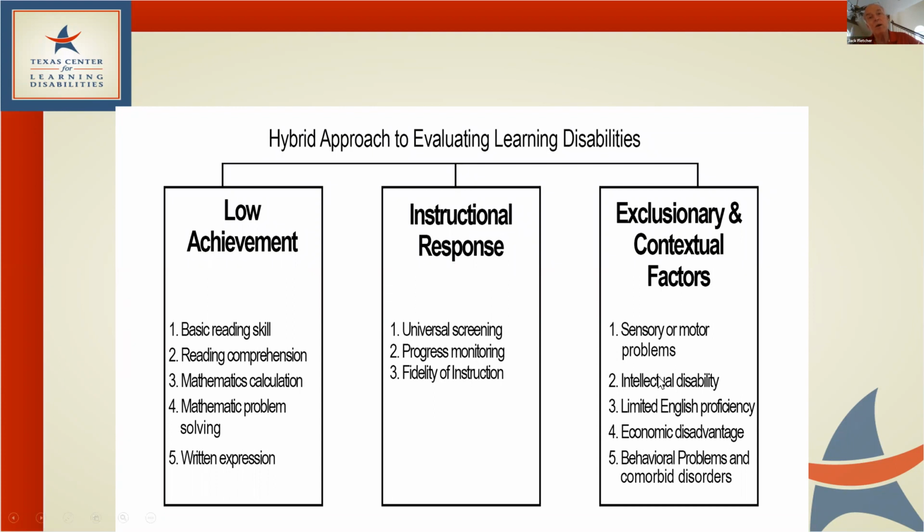If a child, for example, has an intellectual disability, while I wouldn't do an IQ assessment if I thought the child had low achievement, had a learning disability, and I would expect to see scores here that would generally be above the cut point for an intellectual disability, I would assess a child for an intellectual disability with an IQ test, as well as assessments of adaptive behavior and so on, if I suspected an intellectual disability, because the question I'm asking is, why isn't this child responding to instruction?